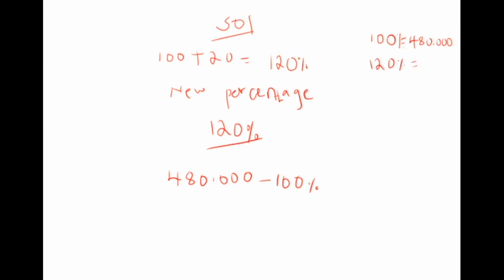From there, we can cross multiply. We shall have 120 times 480,000 over 100. Then we can simplify, this 0 will cancel this 0.